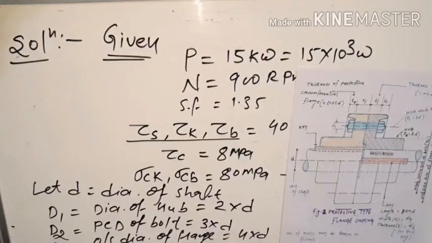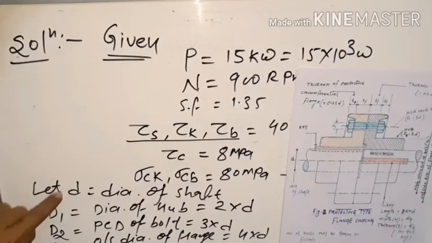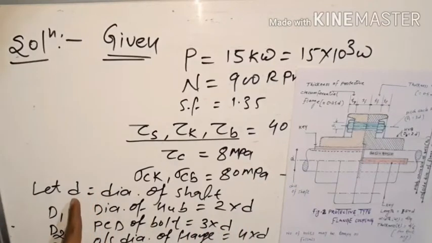These values are easily found when we know the diameter of the shaft. When we find the diameter of the shaft, we put the value of d here and find D1, D2 and D3.